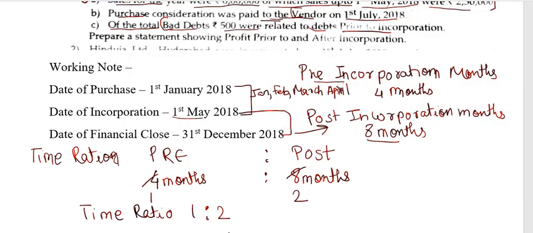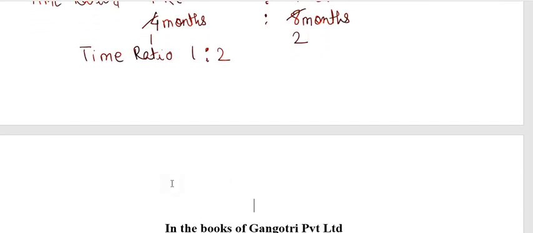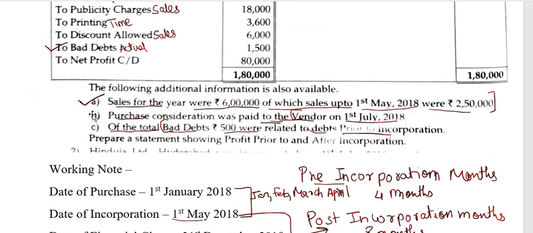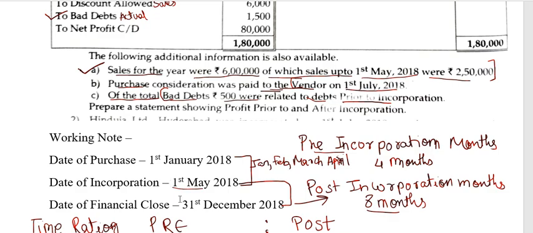Next we have to find sales ratio. So sales ratio, pre and post. Now in the additional information they have said that sales for the year, from 1st Jan to 31st December, was 6 lakh rupees.